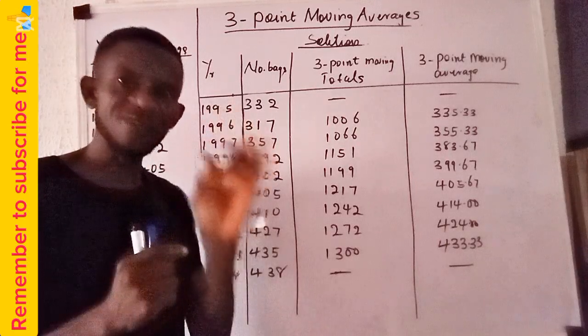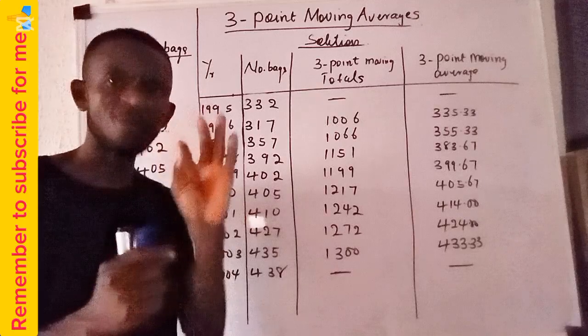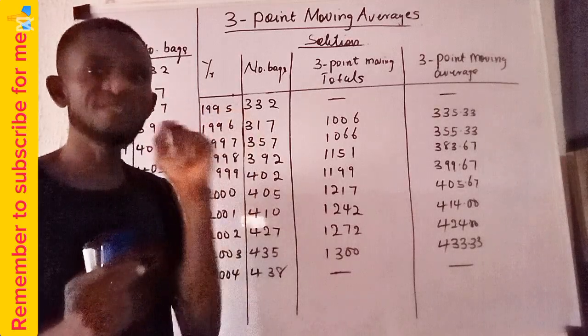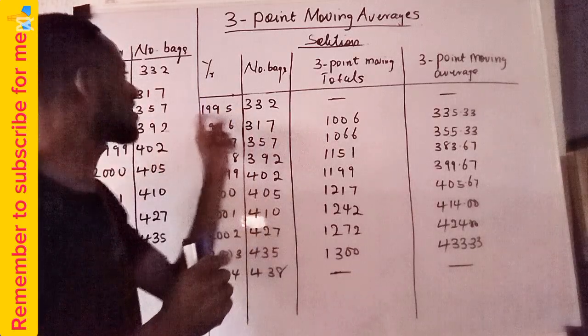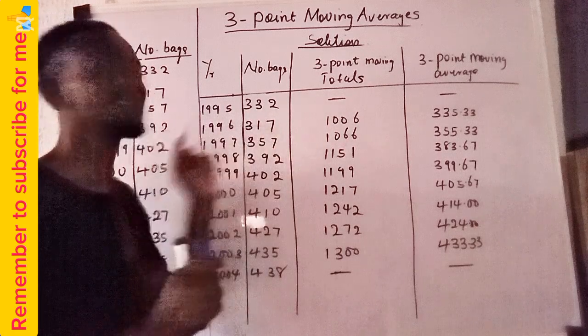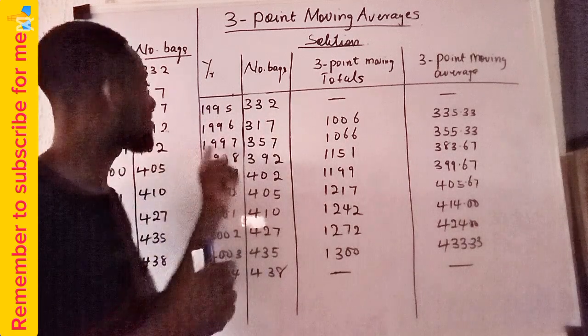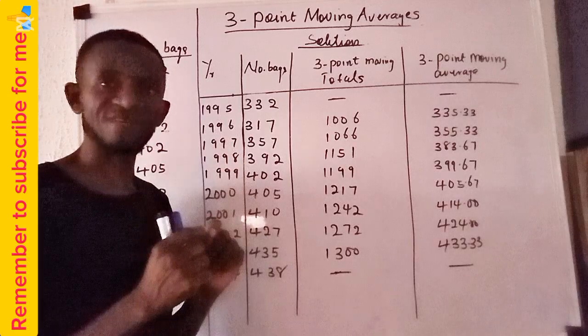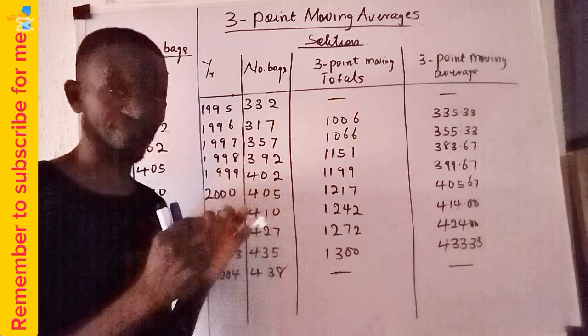But the big question here is, this 1006 which you have obtained does not belong to the year 1995. It does not belong to the year 1996. Neither does it belong to the year 1997. Instead, it belongs to all of them.